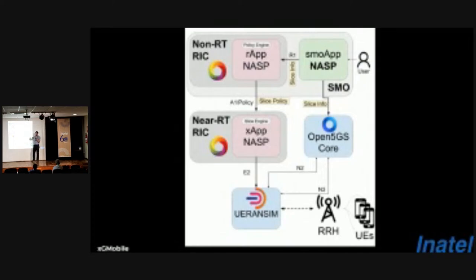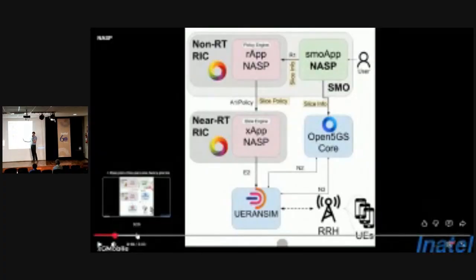The O-RAN Alliance defines very different layers for the non-real-time RIC and the near-real-time RIC, and we use these definitions from the O-RAN Alliance. They put the different parts in different moments.